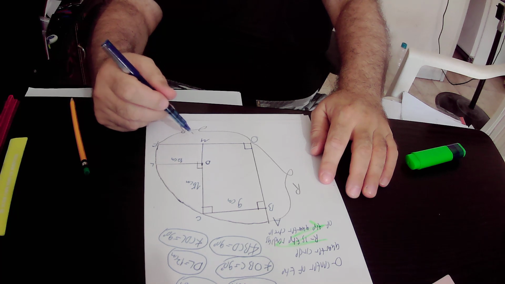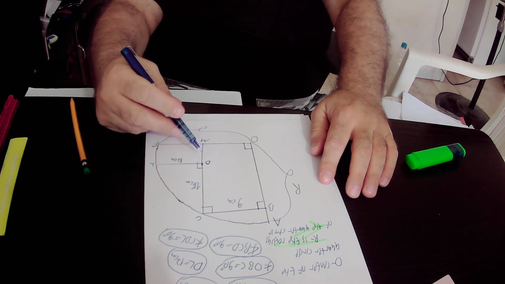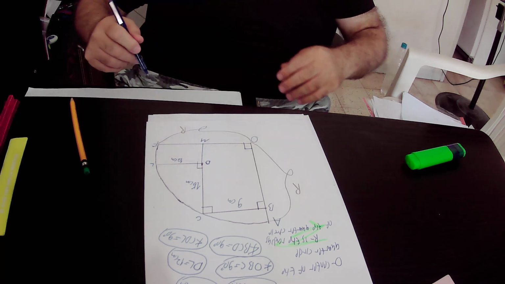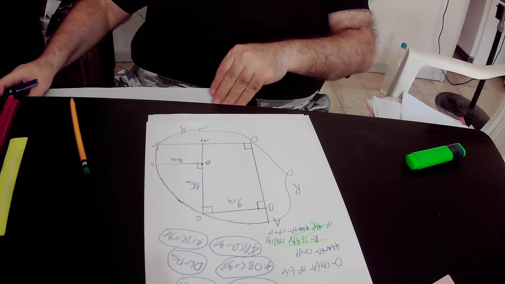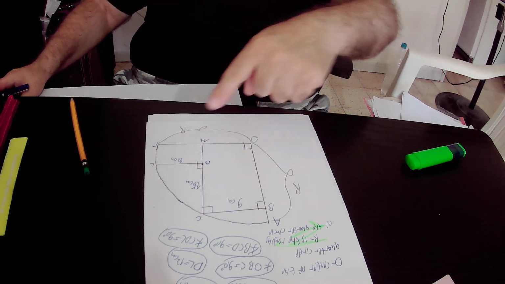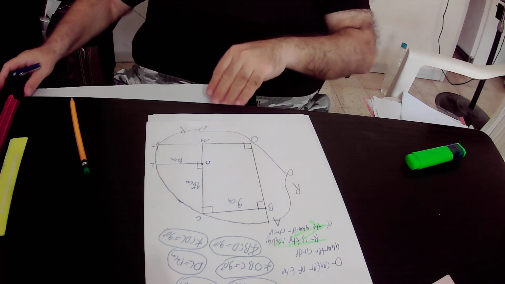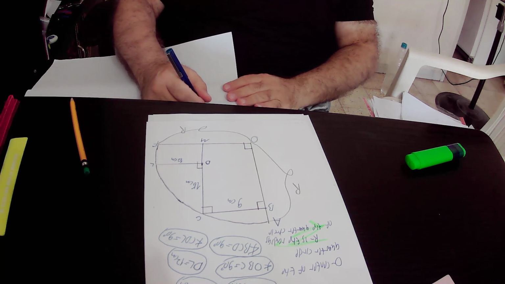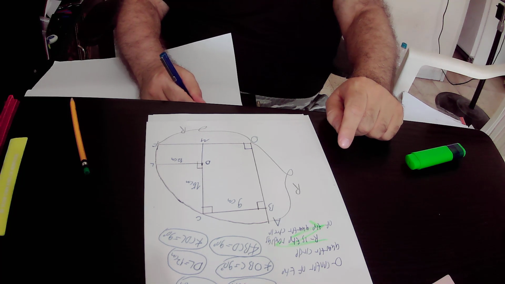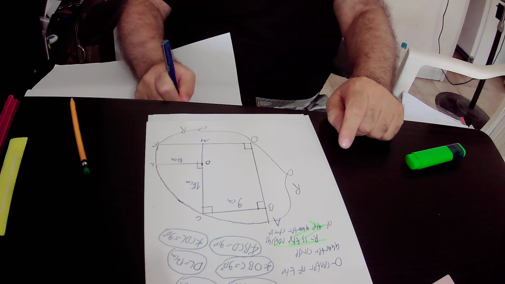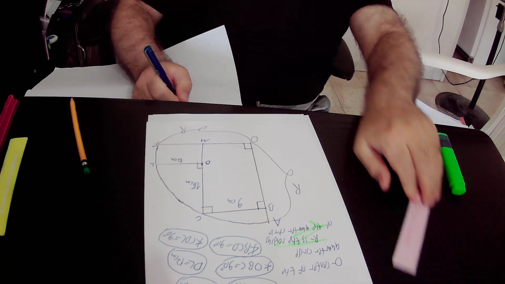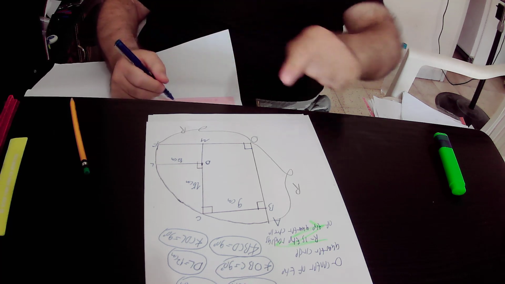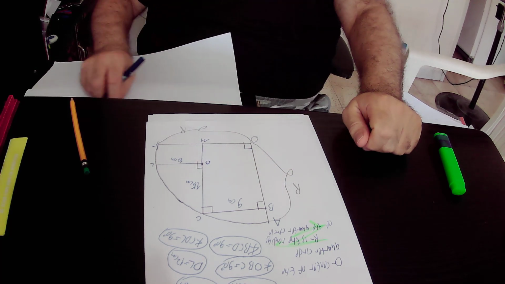And by extending the straight line CD, we actually created here quadrilateral BCOM. So we know that in quadrilateral BCOM, we have 3 right angles.